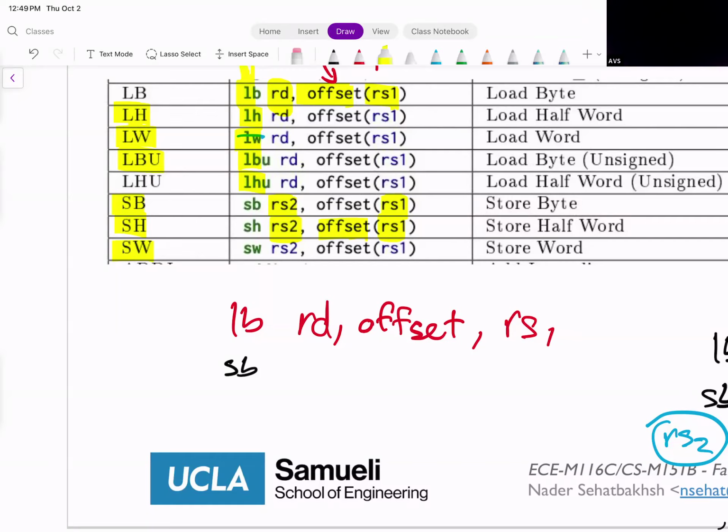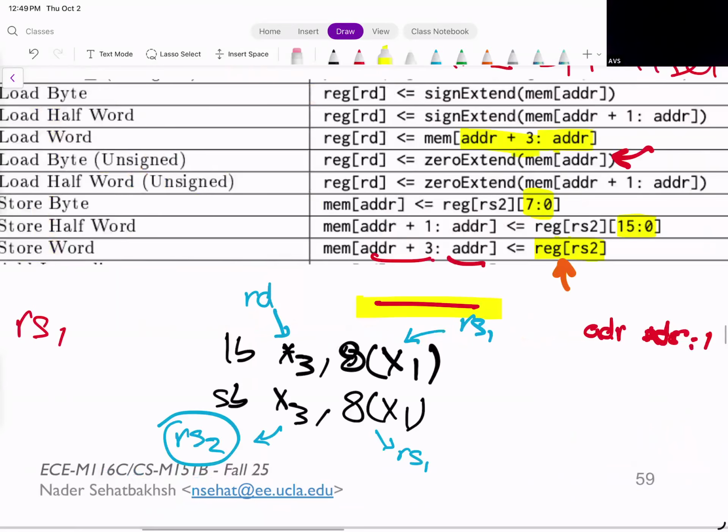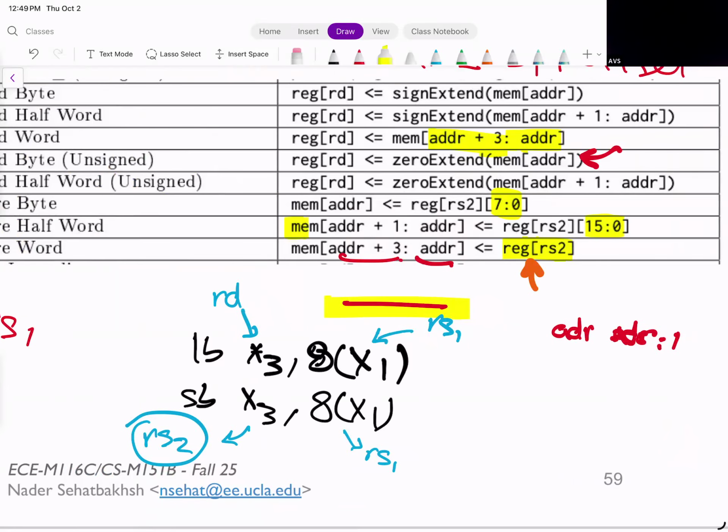But since this is a store half word, RS2 itself is a 32-bit value, so you just take the bits from 0 to 15 and write that to the address and address plus 1. Because address is only pointing to 1 byte of memory, you write the first byte to address, the second byte to address plus 1. So this is basically what the syntax is saying: take memory, look at address and address plus 1. I told you this is a concatenation. Take register RS2, look at bit 0 all the way to bit 15, and write it into these two addresses.